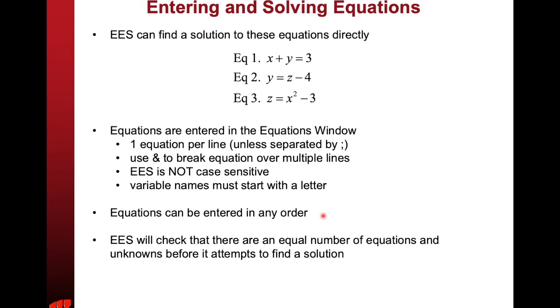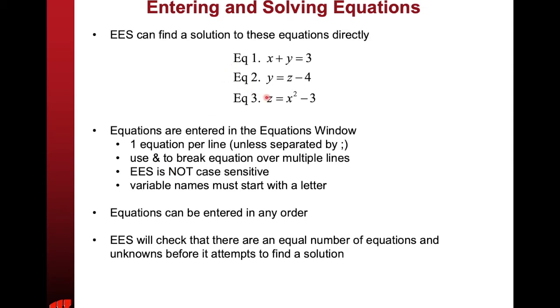Alternatively, you can just punch these into EES, right? Just type in the three equations, right? 1, 2, 3, type them in just as they are, and then you hit solve, and then you'll get the solution, all right? And I've made some videos that show you how that works for this exact system of equations. Some key things, you can enter them in any order, right?